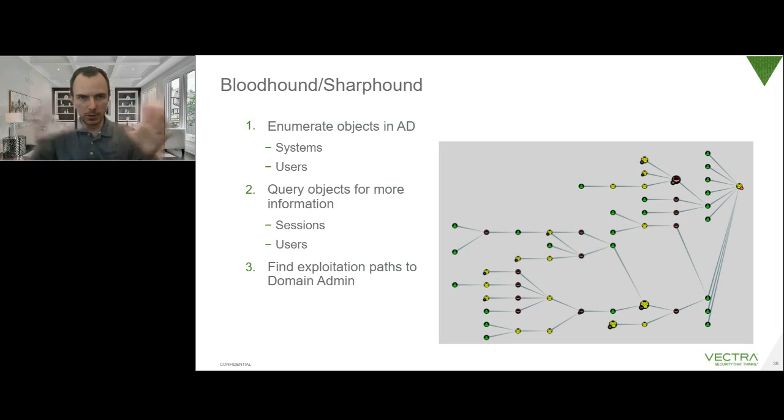And I'm not going to get too deep into these, but as an example of where this gets used, BloodHound and SharpHound are probably one of the more popular and well-known tools there. But this is using graph theory to basically map how do I get from where I am to where I want to be, right? So it uses these function calls to enumerate AD and pull up systems, users, where those users are logged in, and then be able to find that shortest path to the target.